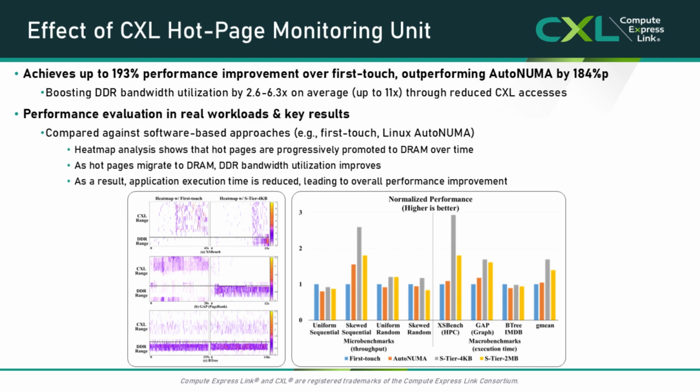The reason is that hot pages are gradually migrated to DRAM, reducing access to slower CXL memory. As a result, DRAM bandwidth utilization increases and overall application execution time decreases. This is not only due to latency reduction, but also because reduced CXL traffic alleviates bottlenecks.